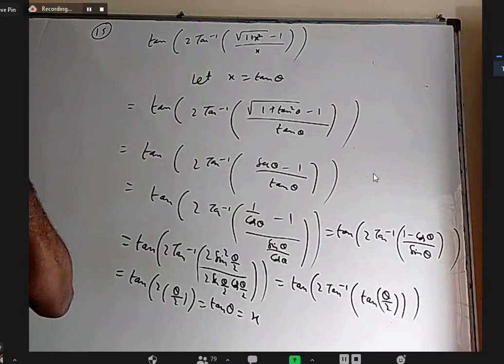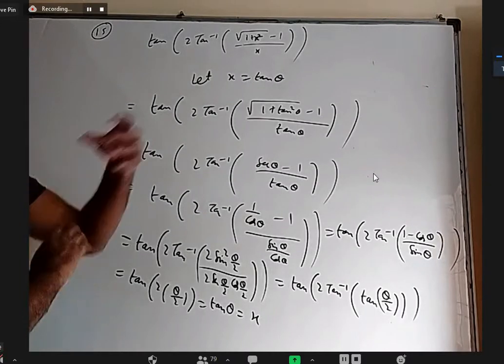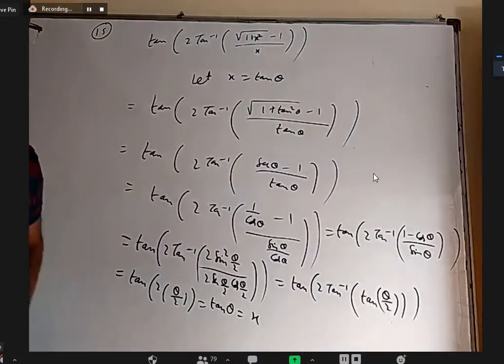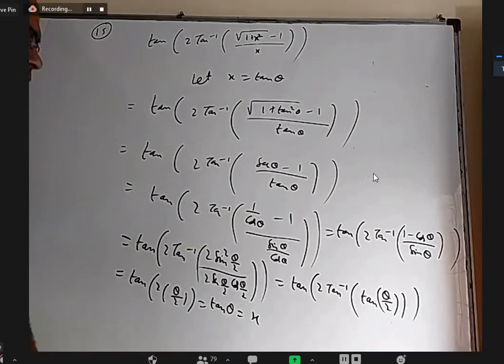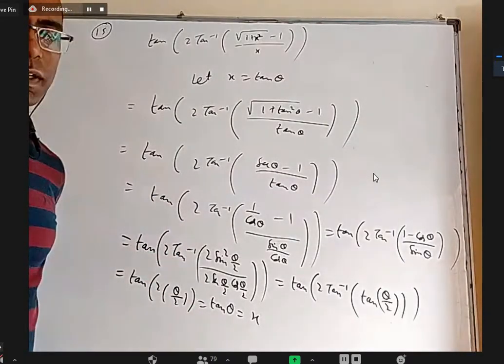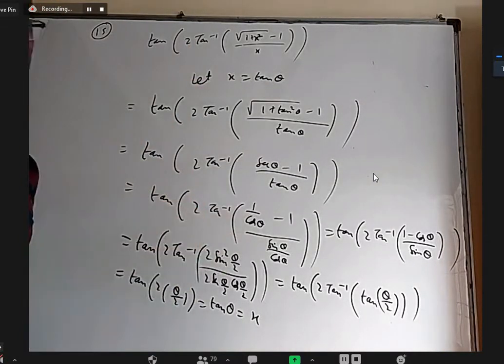So that means we should get a general solution for this. Yeah, this is an identity basically. This is equal to x for all values of x. I don't say for all values of x, but at least x in 0 to infinity or some positive values. In fact, I was about to ask, do you think it is true for all values of x, or which set of values of x it will be true?